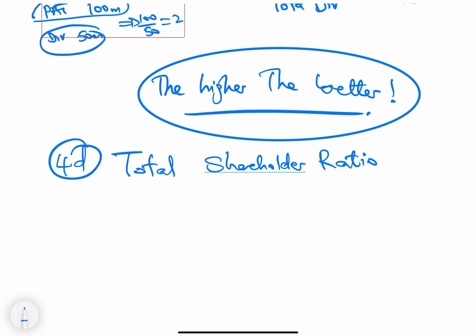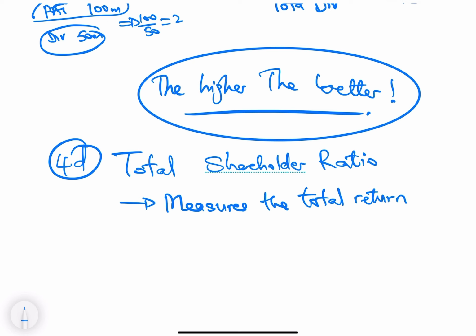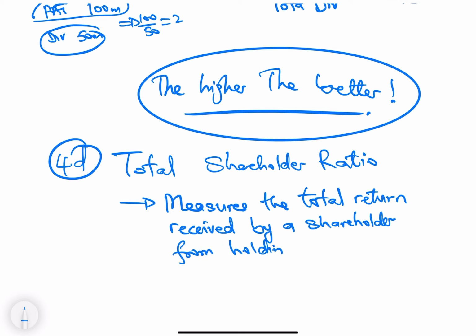The focus of this one is to measure the total return received by a shareholder from holding 1 unit of share. So what is the total benefit from holding 1 unit of share? That is what this is calculating.